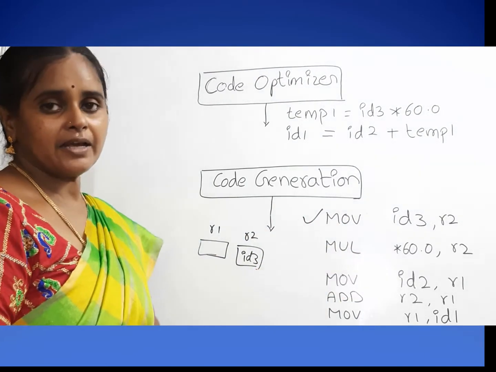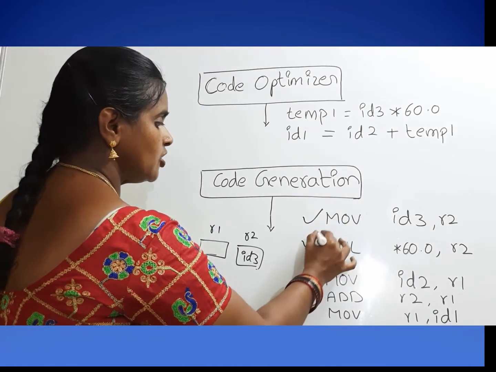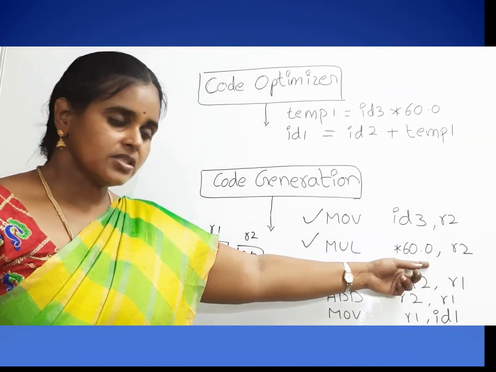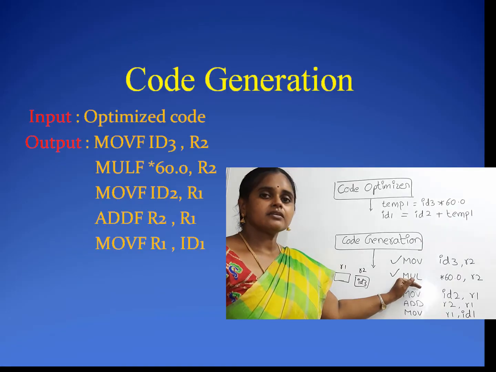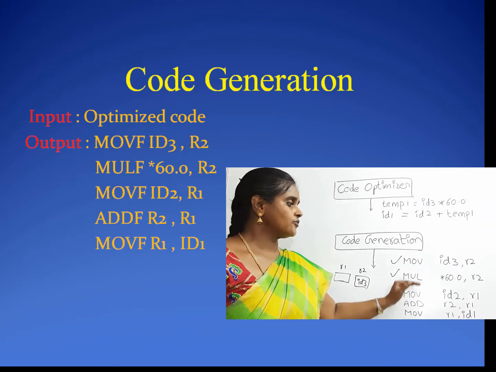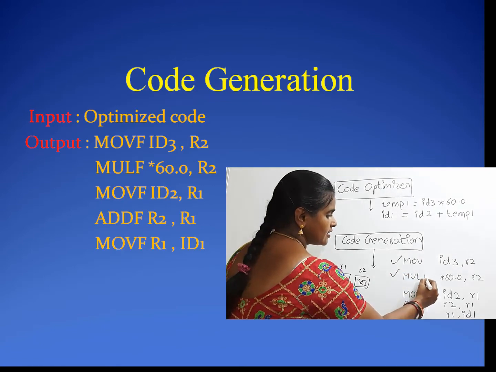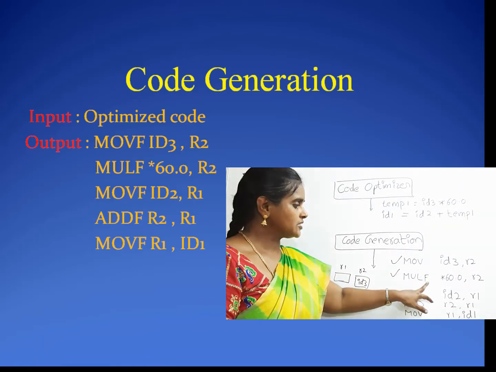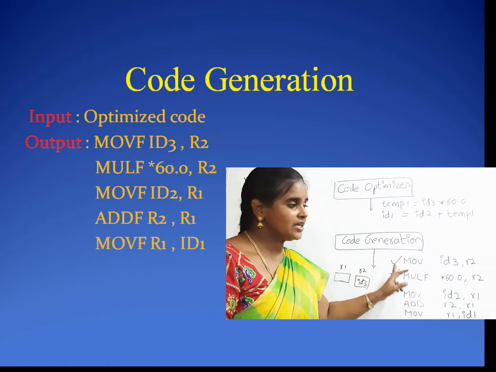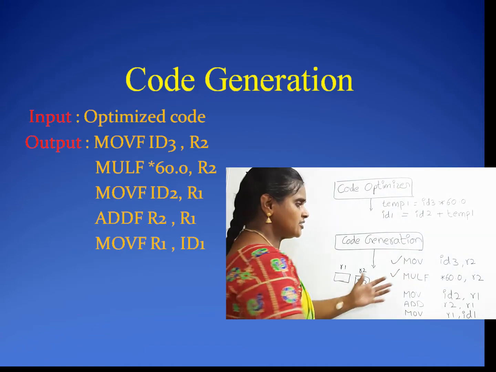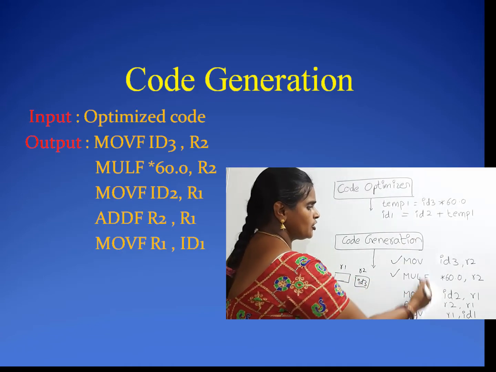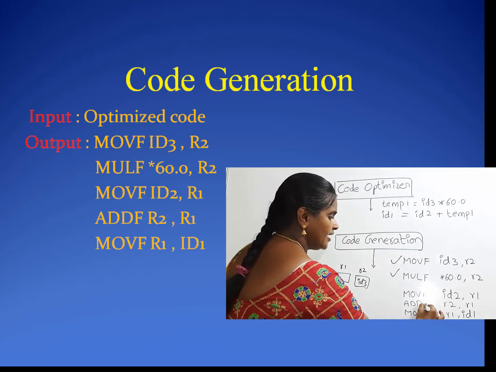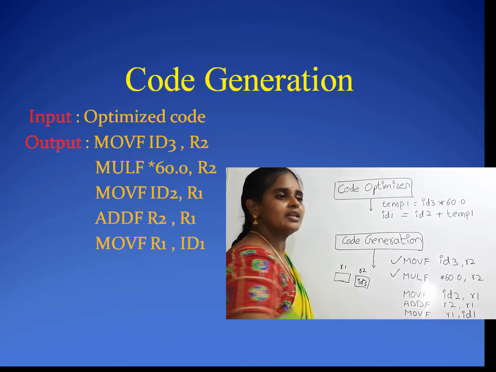Next, multiply. The multiplication operation is performed on the floating point type. If you want to write the mnemonics for the floating point type, you write them with F. F represents a floating point operation, like multiplication for floating point operation. So you can write move F, add F, move F, like that.